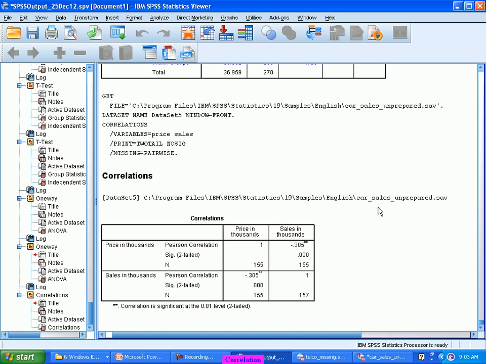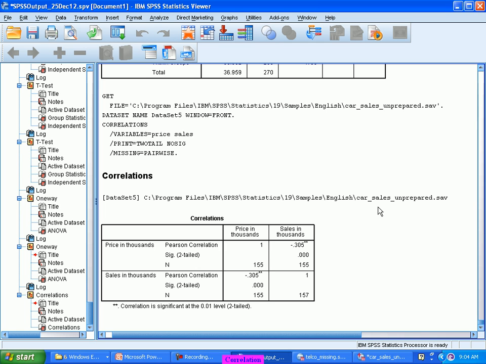If it is less than 0.05, I will go with the alternate hypothesis. Alternate hypothesis is correlation not equal to 0. If it is not equal to 0, then we are trying to find out what it is, which is minus 0.30.